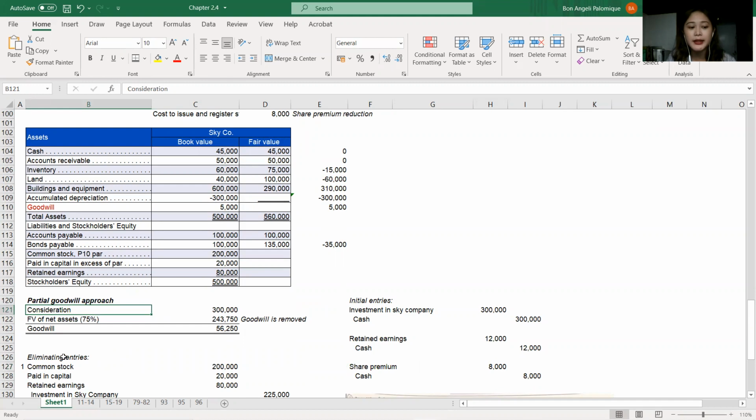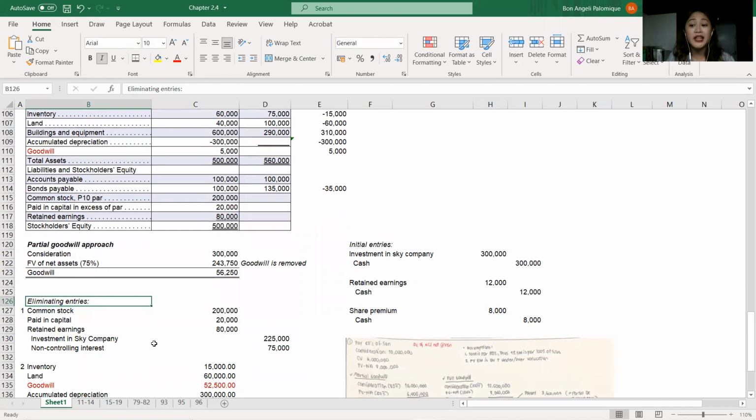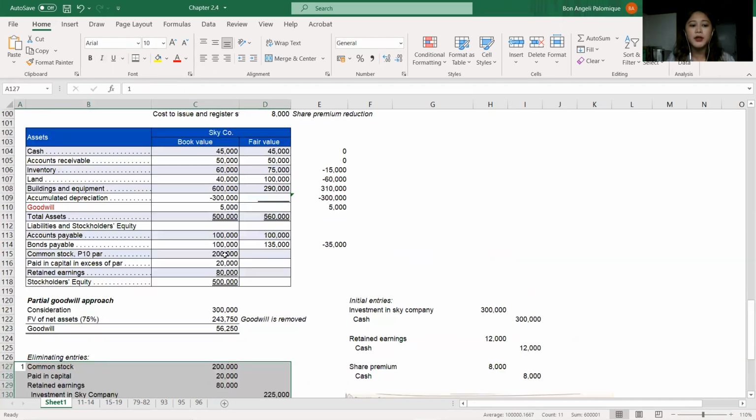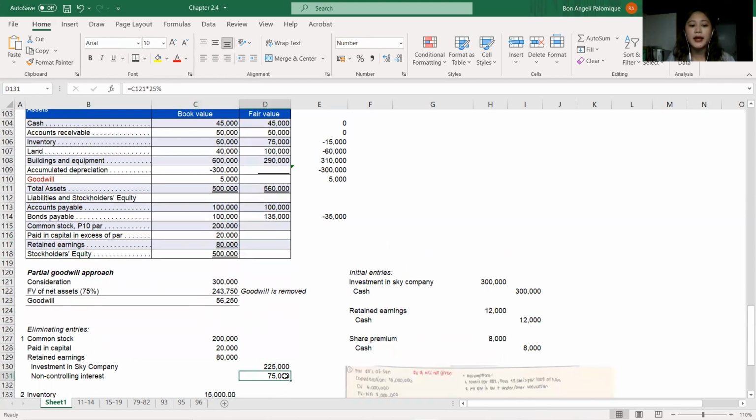Step 2, eliminating entries or elimination process. So, sa first entry, kailangan mo nang tanggalin yung equity ni Sky. Then, credit kay NCI. So, alam mo na si NCI, yung consideration times 25% muna. Tapos, balancing figure mo si investment in Sky.